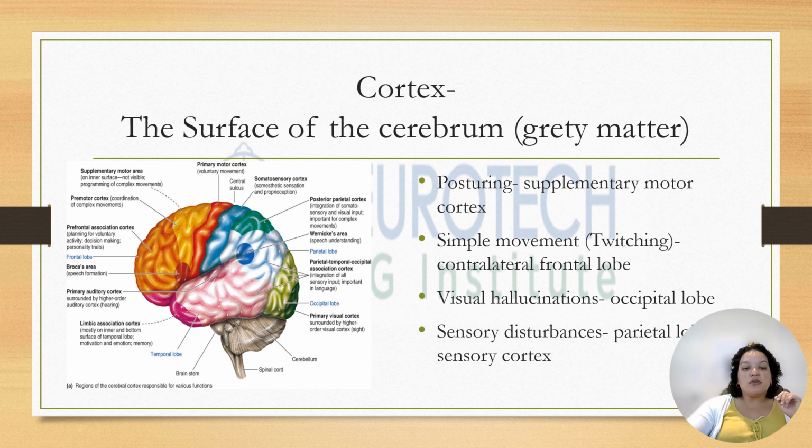The supplementary motor cortex, as it's saying here, is good for programming complex movements, where the premotor cortex is good for the coordination of that complex movement. For example, if you have a cup of coffee on your desk and you want to take a sip, the first thing that happens is you think about it, and you start programming your brain: okay, I want a sip of my coffee.